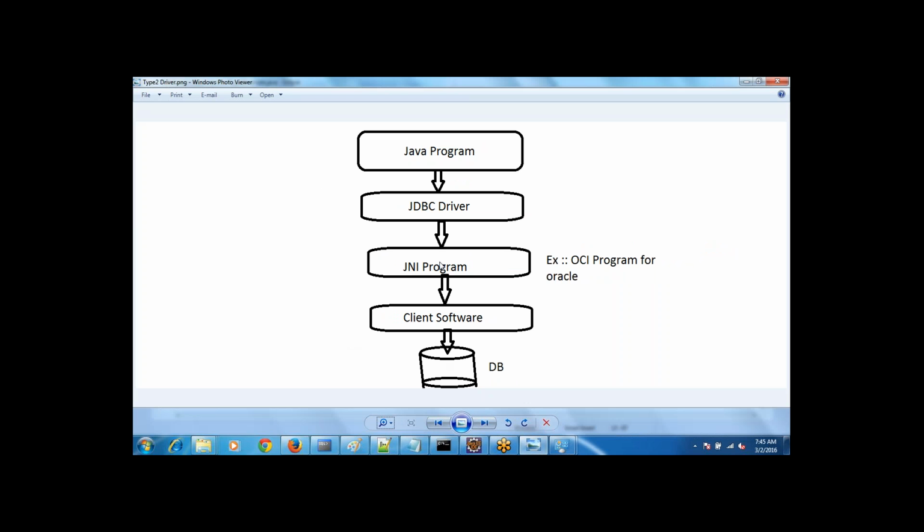The reason is that in the type 1 driver there is a mediator: the request has to be passed from the mediator to the client driver, and from the client driver to the database. Here it is not the case. All three steps belong to the same vendor, so there is no third party, and the instruction execution is faster than the type 1 driver.